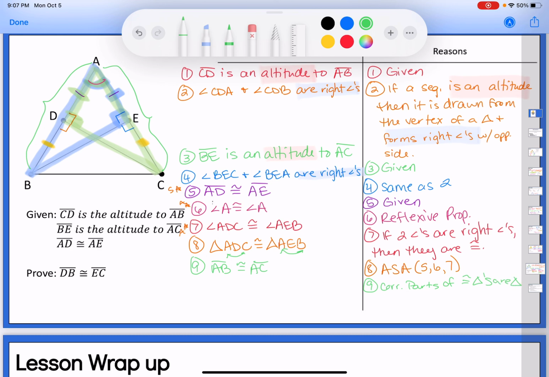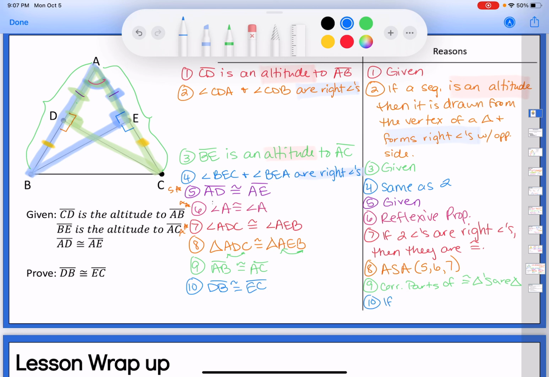But I'm just trying to get the bottom parts. I already knew the top parts are congruent. I now know that the whole big parts are congruent. So the bottom parts would be congruent by the subtraction property. Step 10, DB is congruent to EC.